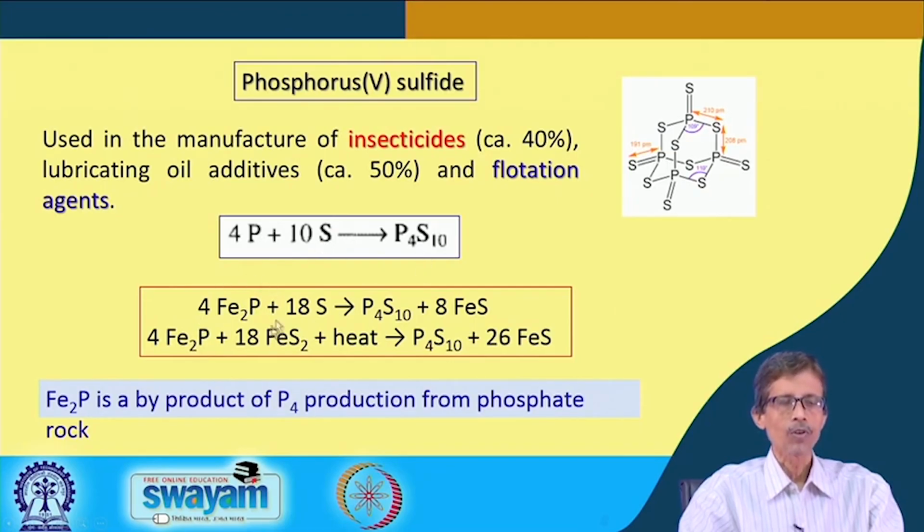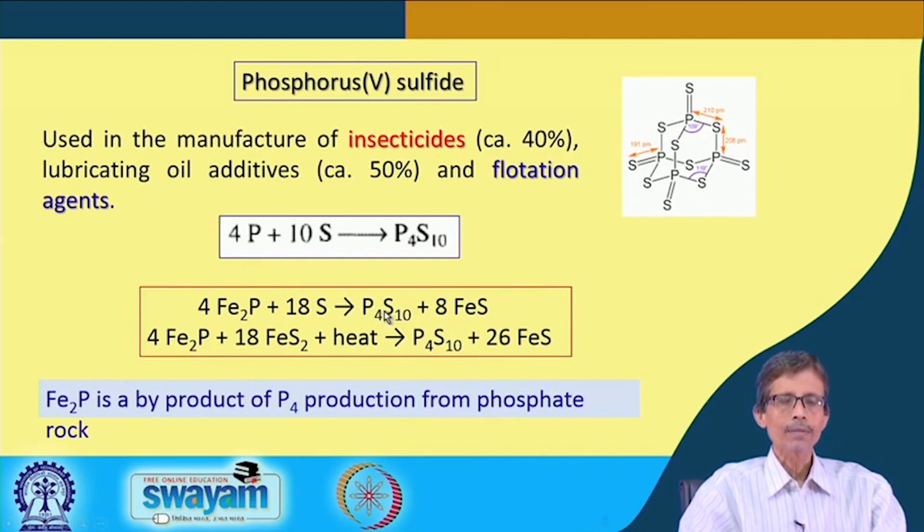Similarly, the ferrous phosphide Fe2P, which we also consider a pyrite ore, when burnt in the presence of 18 sulfur, 4 of these will be utilized to react with 18 sulfur, giving us back the P4S10 molecule.